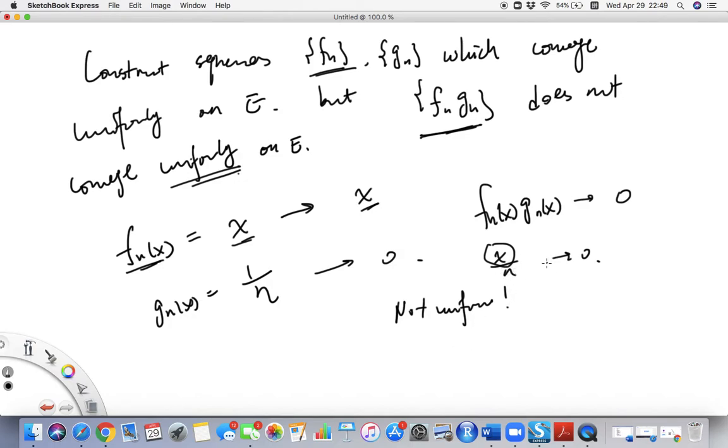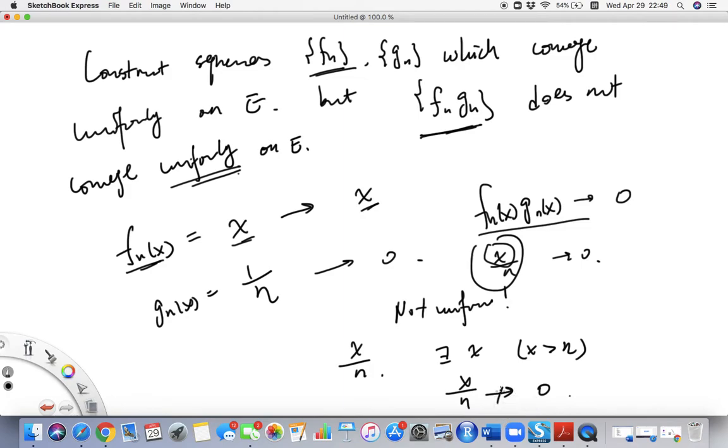Then your function does not go to 0. Because if you look at this function, there exists an x, namely x greater than n, such that x over n does not go to 0. In fact, x over n is greater than 1. So the difference from the limit 0 is greater than 1, and that does not go to 0.